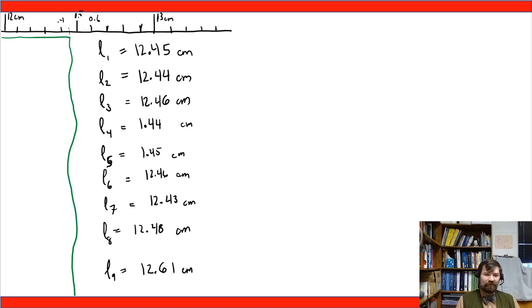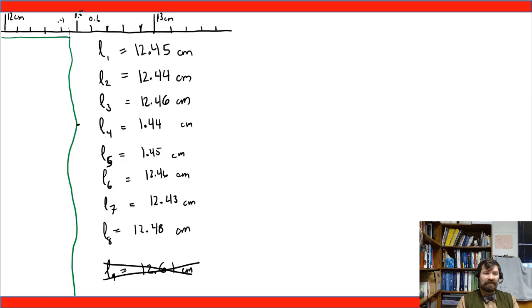It turns out that 1 through 8 all measured this length, and number 9 actually measured a wiggle out here, which is far enough out that maybe their measurement just is different than ours, or maybe they didn't line up the 0 mark very well on the other end, or they could be at a slight angle or something like that. All right. So maybe we say, all right, well, this one can be thrown out for the reason that they measured something different than everybody else. But these measurements all purport to be of the same thing.